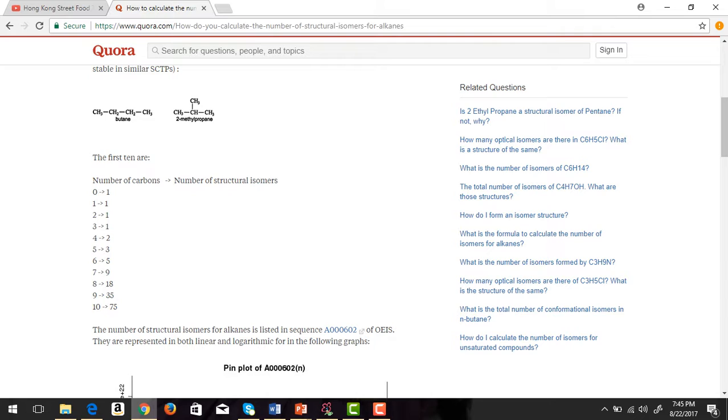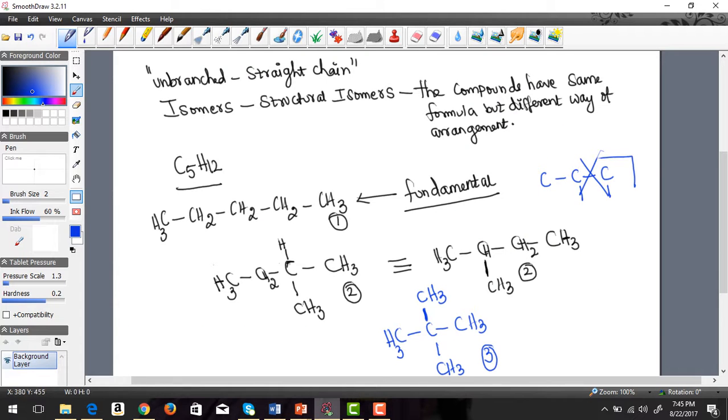I'm gonna post this particular sequence here. If a compound contains 5 carbons and the remainder is all just hydrogens, we will have 3 possible structural isomers. And didn't we establish that right here? 3 isomers, 1, 2, 3. These don't count as 2 separate things because they both have 2.